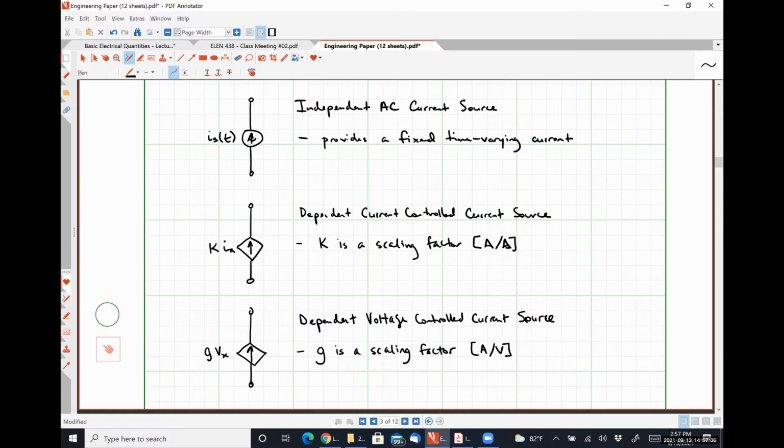All right. So to recap current, it is simply the rate at which charge flows through or passes a particular point in a circuit, or I is equal to dq by dt. Current has both a magnitude and a direction. Both of them are extraordinarily important. Okay. We represent currents with their magnitude and their direction when we're doing circuit analysis.